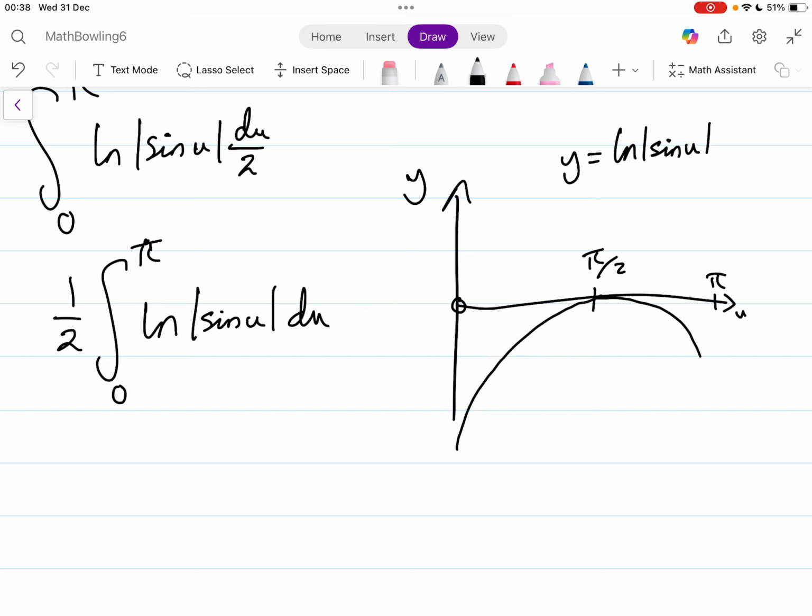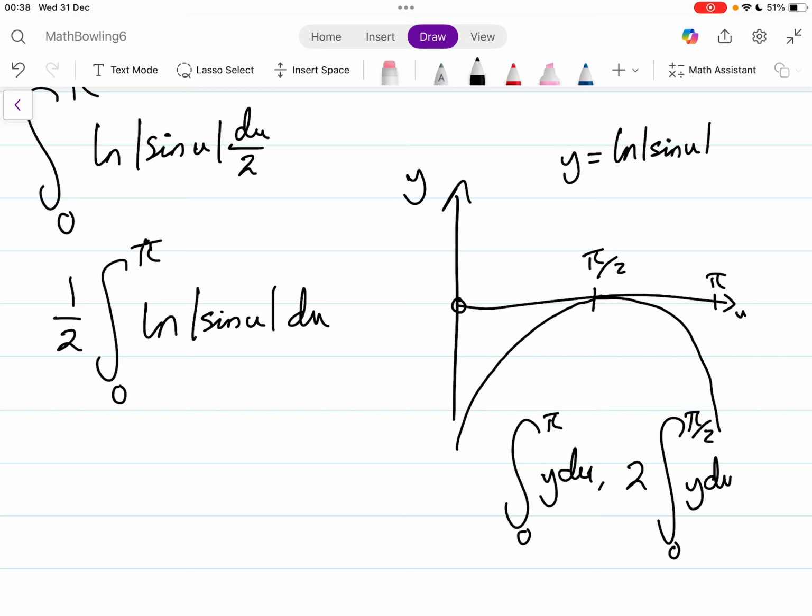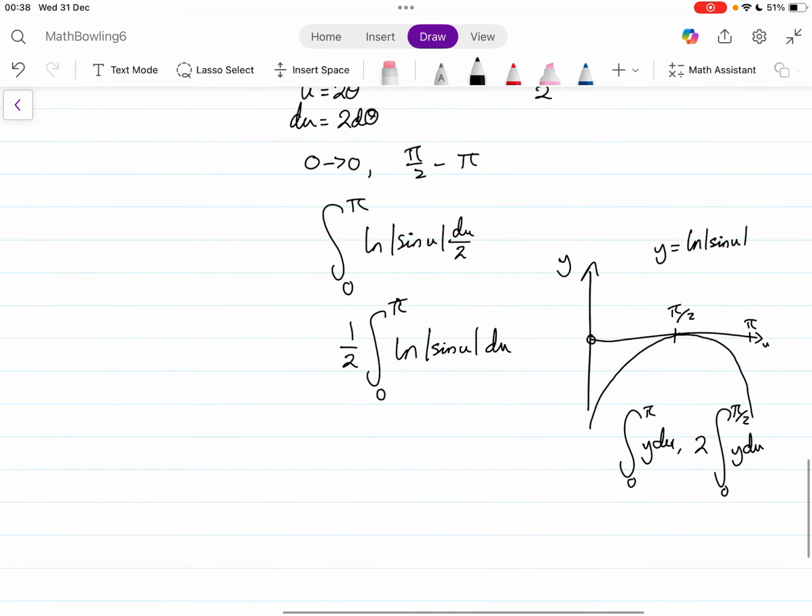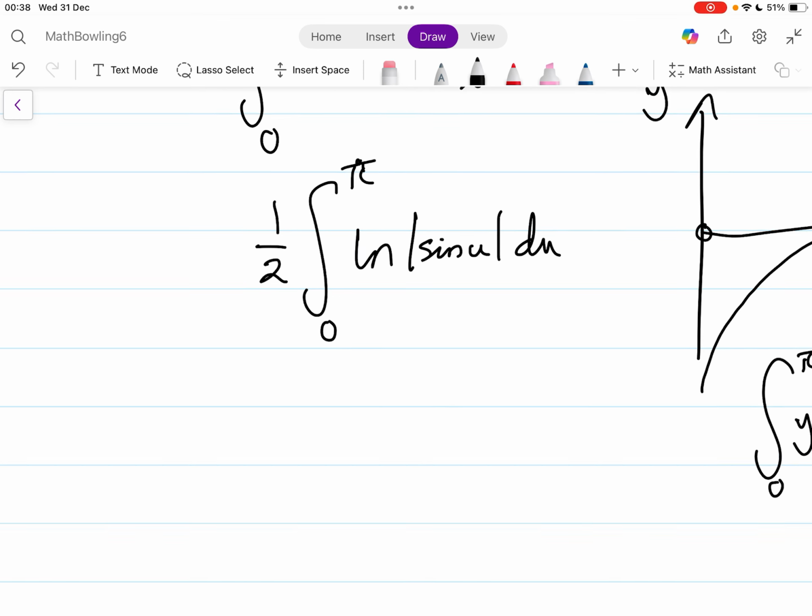It's going to come back down again on the other side. That's a really bad sketch. But in reality, this area and this area are exactly the same. So rather than having the integral from 0 to pi of y du, we can have 2 lots of the integral from 0 to pi over 2 of y du. And those are going to be the same thing in this case. So let's do it. So a half of 2 lots of the integral from 0 to pi over 2.